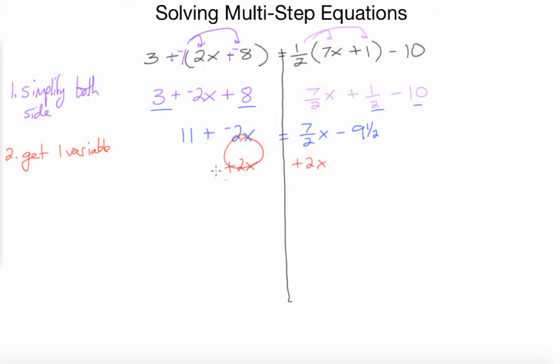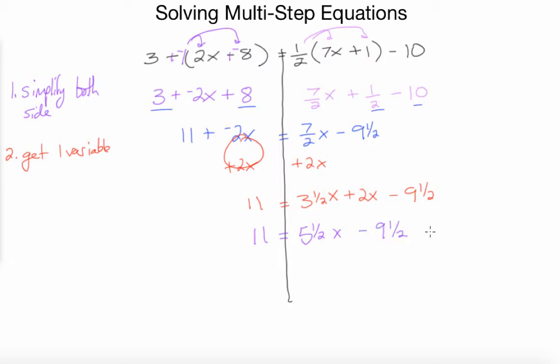Get things positive here. So now I've got 11 equals 7/2, so I can think of that as 3 and a half. 2 goes into 7 3 times, so I could rewrite that as a mixed number. And then it makes it a little easier to see what ends up happening when I add the 2x. Our result is 11 equals 3.5x plus 2x, which is 5.5 times x, minus 9.5.